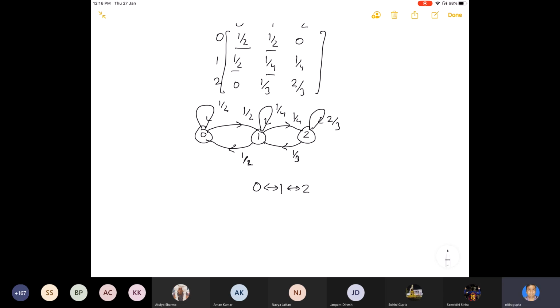So all the states, 0, 1, 2 in this discrete time Markov chain, communicate with each other. Therefore the Markov chain is irreducible or connectable. So X_n is irreducible or connectable.